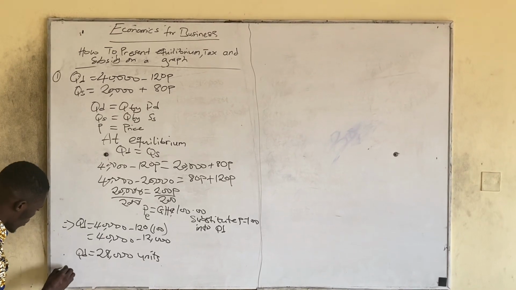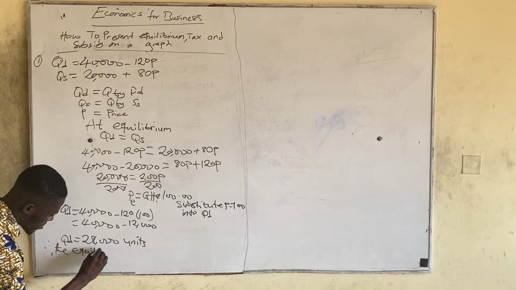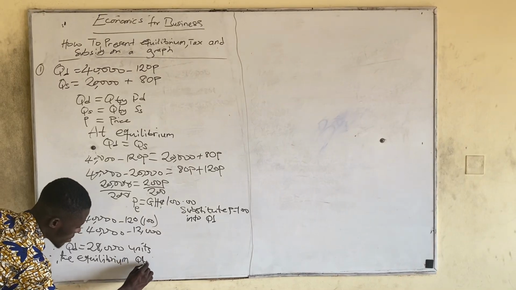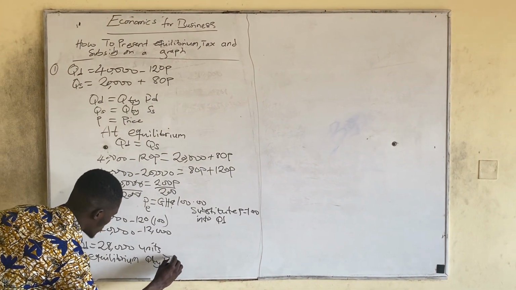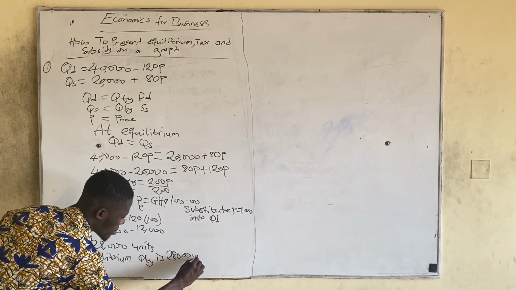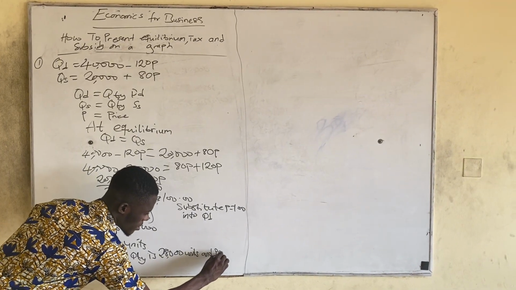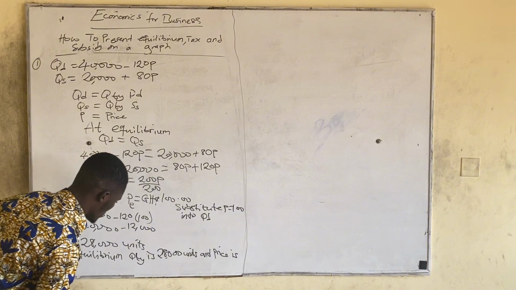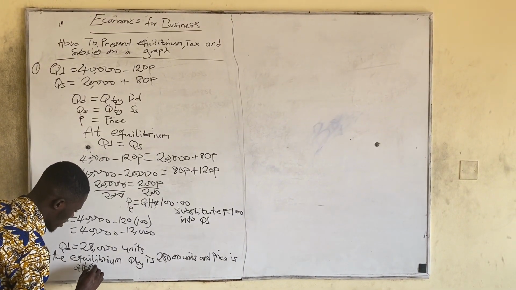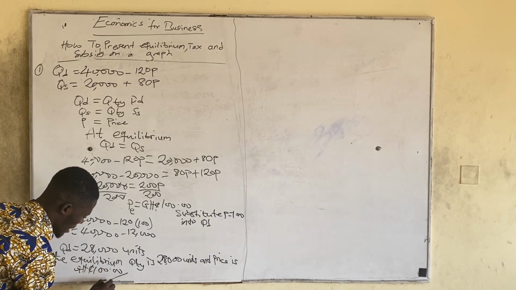Now you state that therefore the equilibrium quantity is 28,000 units and price is 100 cedis. Like this, you are done.